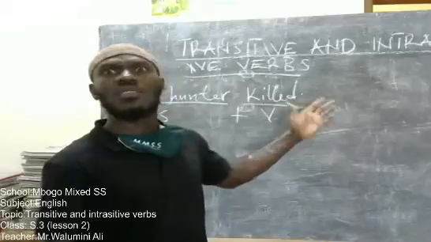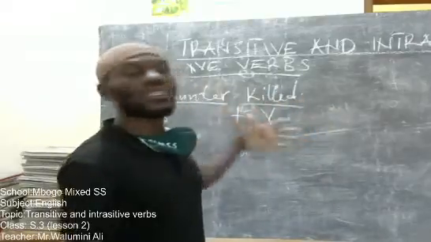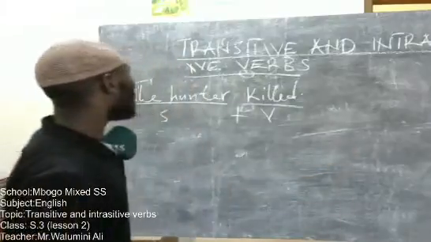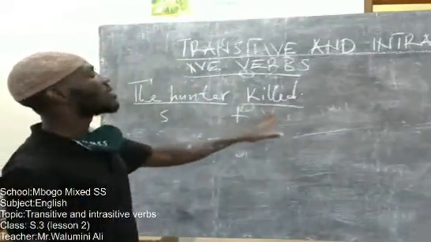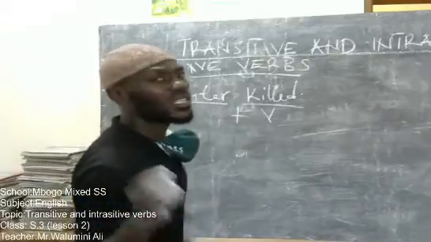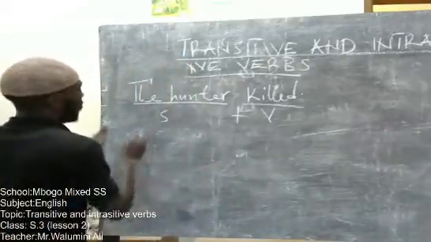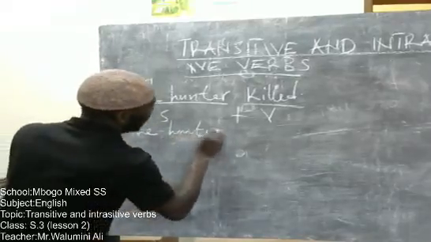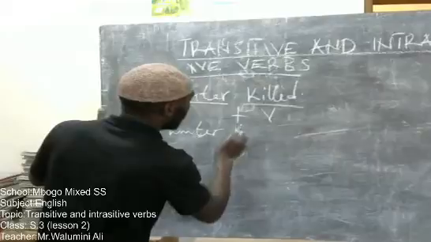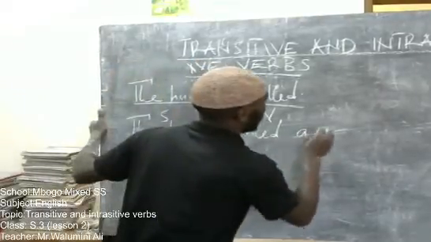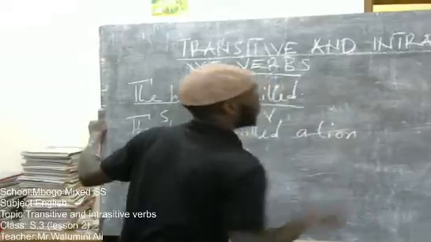Someone asks you, what did the hunter kill? The hunter killed something. The hunter must have killed something. So what is that something? Tell us. The hunter killed a lion.